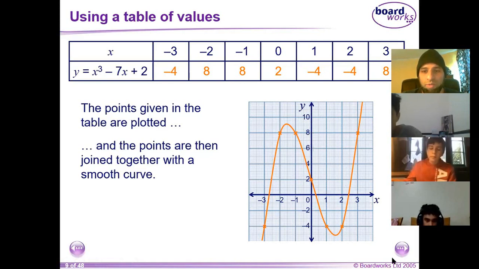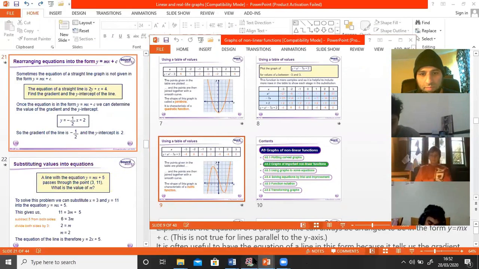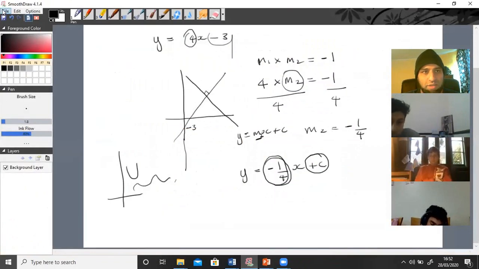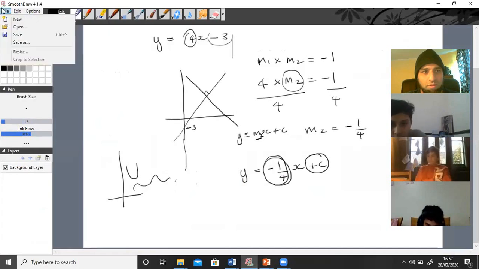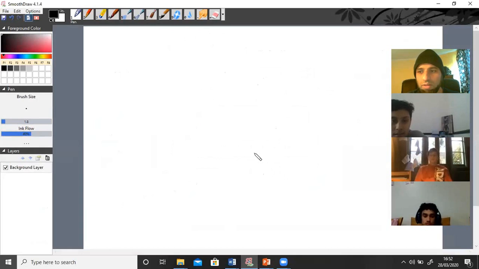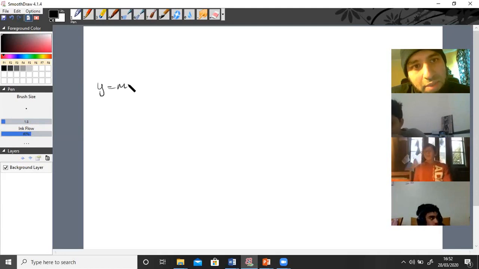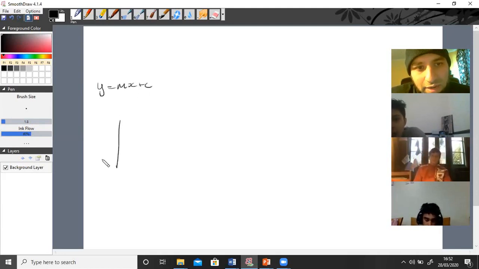What we find is the following. I'm going to bring my screen up. Can you guys all see the whiteboard? Okay. We're finding this pattern. If you have a y equals mx plus c graph, if the x has nothing next to it, you're going to have a nice straight line.